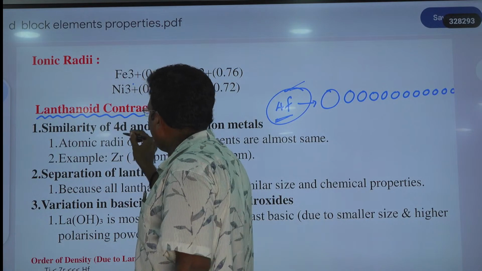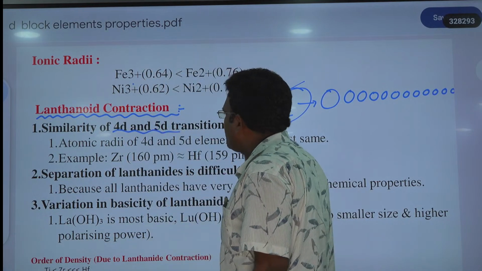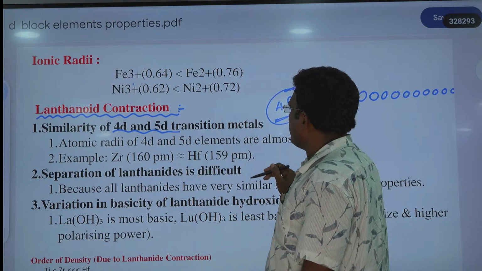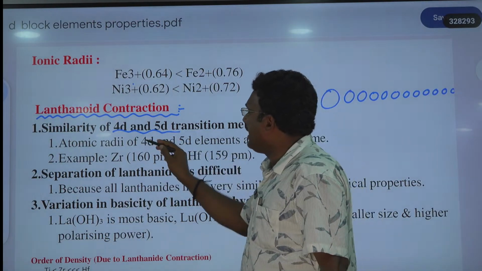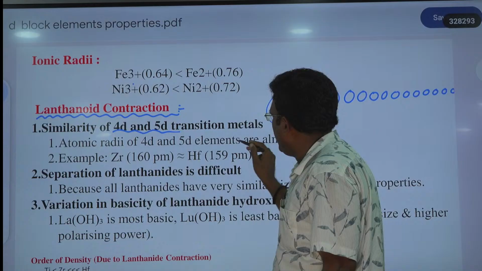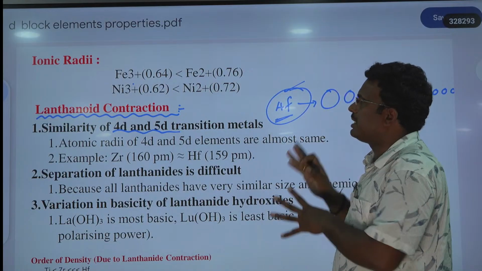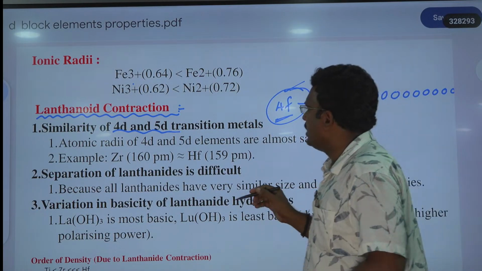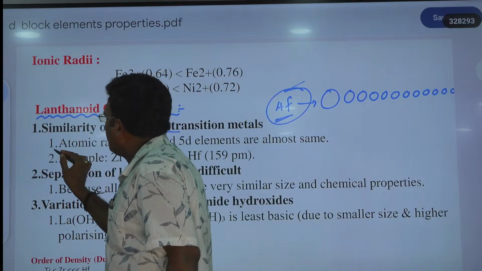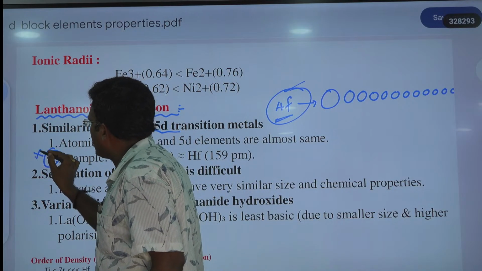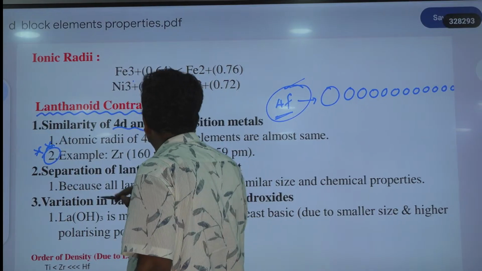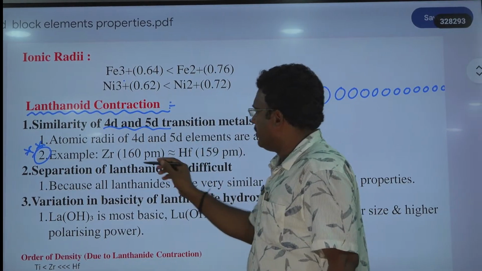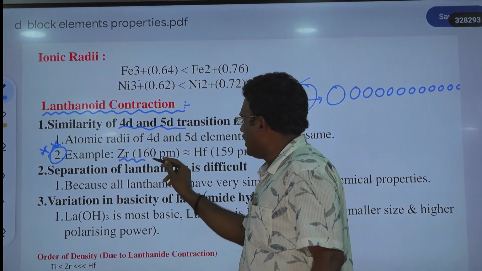Here is the similarity of 4d and 5d transition elements. The atomic radii of 4d and 5d elements are almost the same size. A very important question: which of the following elements have the same atomic radii? Zirconium and hafnium.